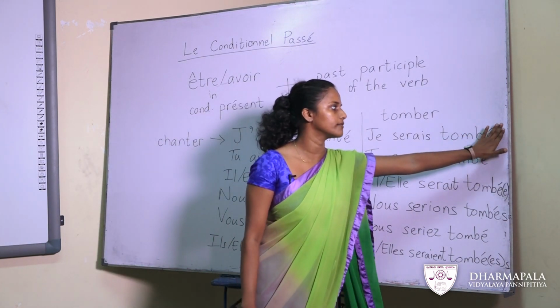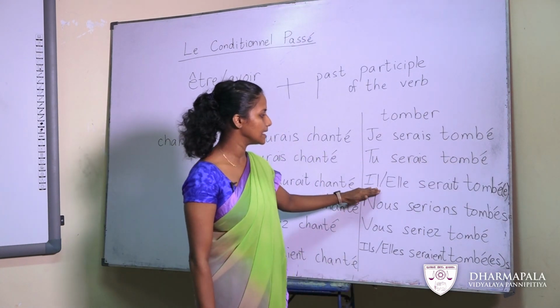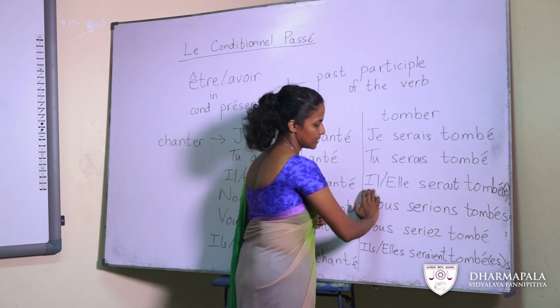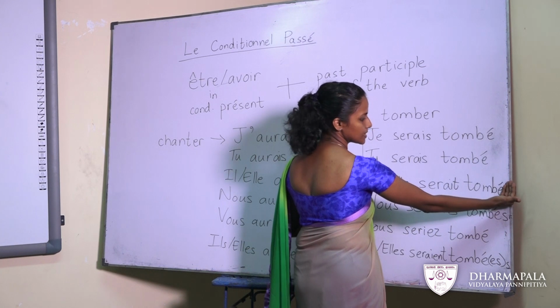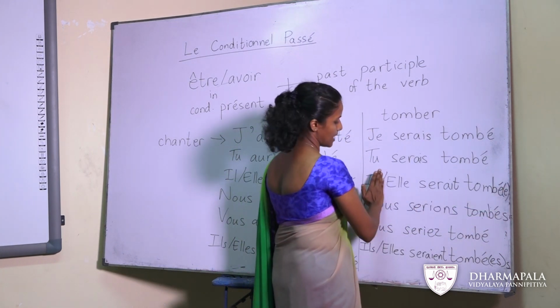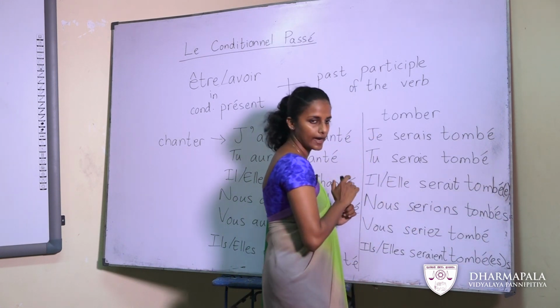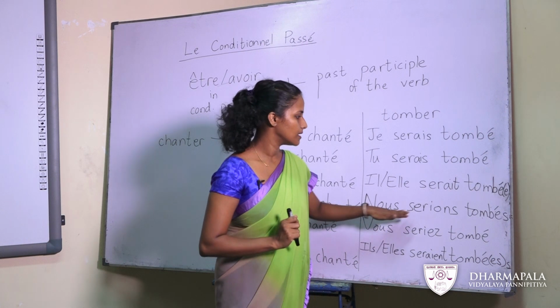So, we don't have to add another e. Tu serais tombé. Il, elle serait tombé. Now, if we write il serait tombé, it should be without an extra e. And if we write elle serait tombée, there should be another e added. And nous serions tombés.